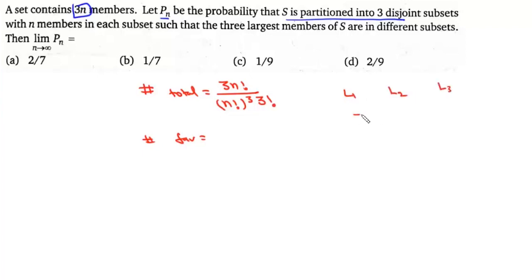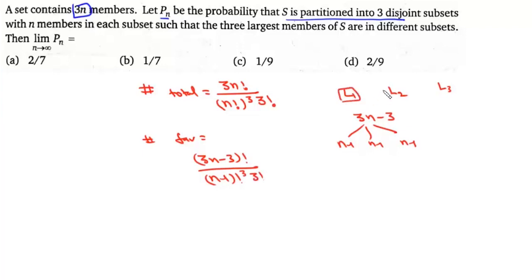Now we are left with 3n minus 3 members which are to be distributed into n minus 1, n minus 1 and n minus 1. Now it can be done in factorial 3n minus 3 upon factorial n minus 1 whole cube, divided by factorial 3. Now in this case, since we have 3 different members, we can arrange these 3 groups in factorial 3 ways. So for this favorable case, this factorial 3 will cancel.